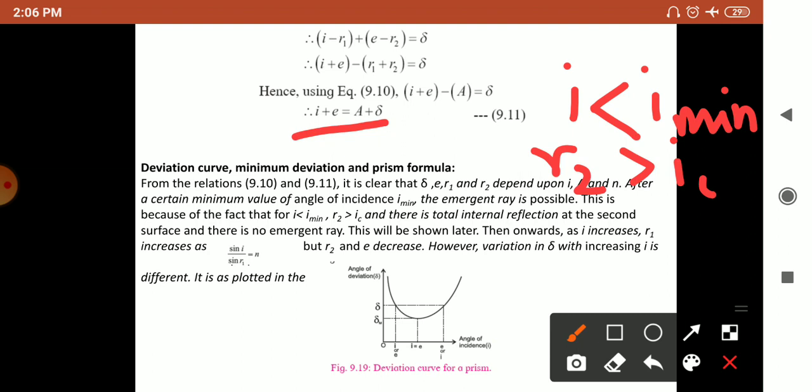Then onwards, as I increases, R1 also increases, that is the relation sin I upon sin R is equal to n.